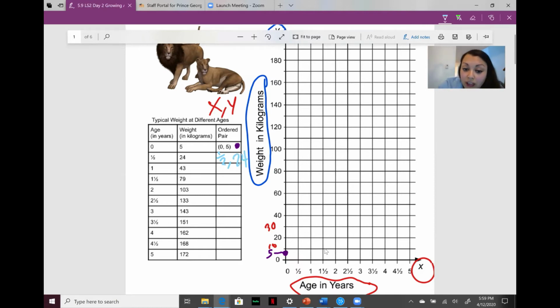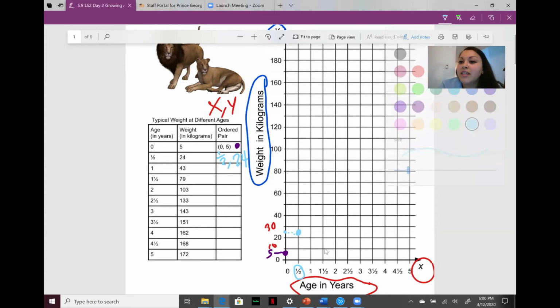So if I go here at half a year, they weigh 24 kilograms. 24 would be right underneath 25, and I know that 25 is kind of in the middle here, so 24 is about here. So I'm going to go across, and at about half a year, lions weigh about 24 kilograms.